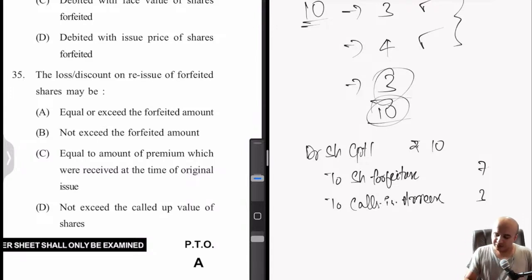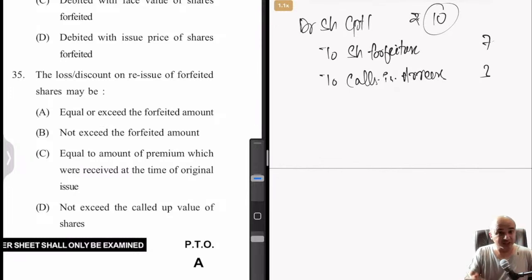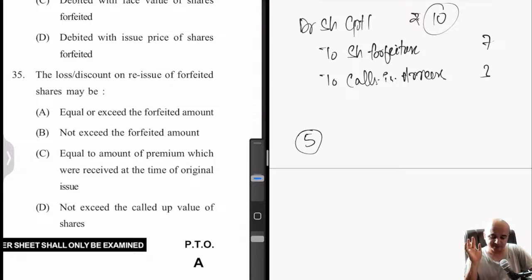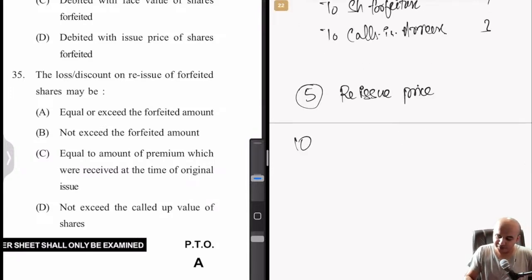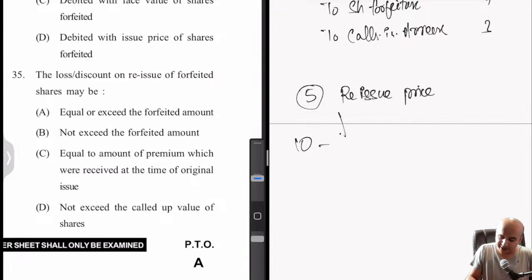Now let's assume the same share is reissued. If I have to reissue at a discounted price, let's assume the company is reissuing at rupees 5. Can the company reissue at rupees 5? Here 5 is the reissue price. How is this related to the question? 10 is the face value minus reissue price of rupees 5. What is the loss here?